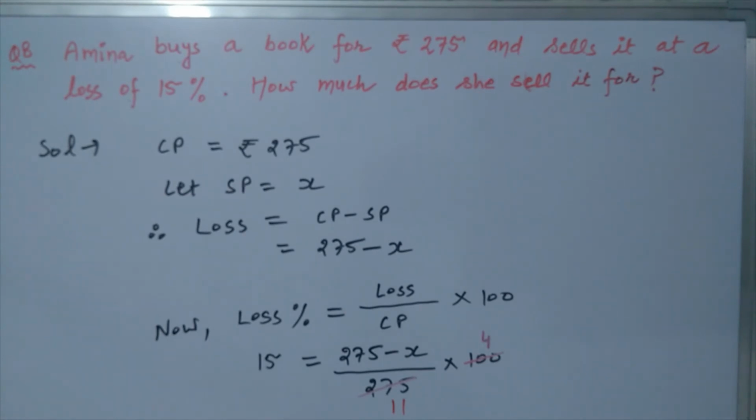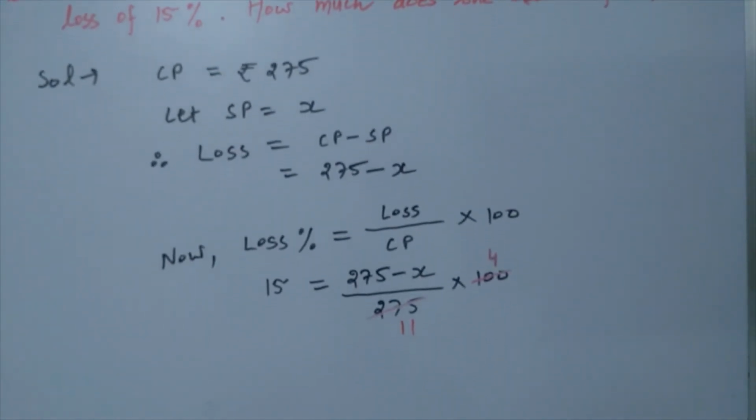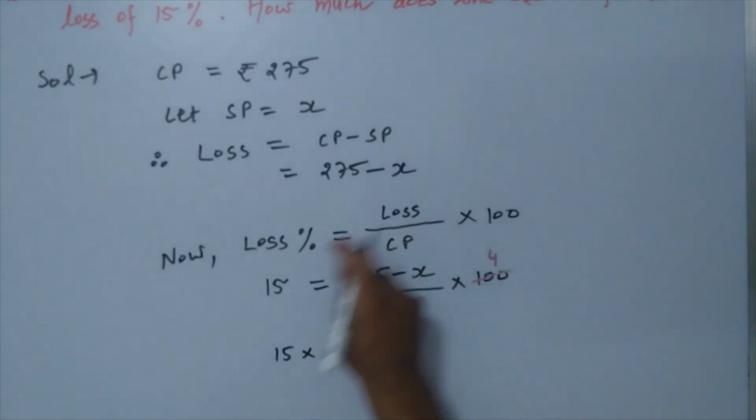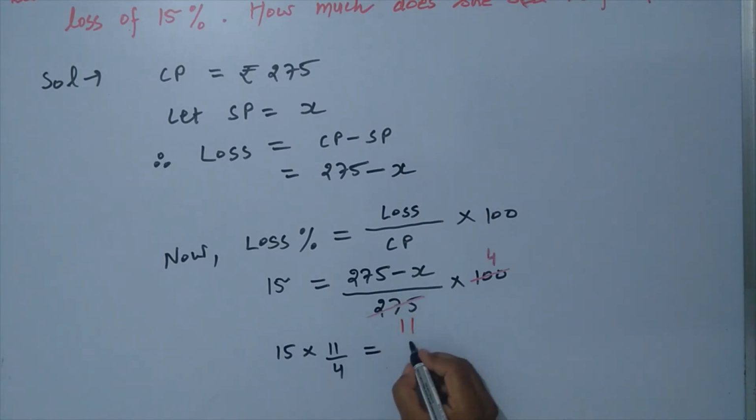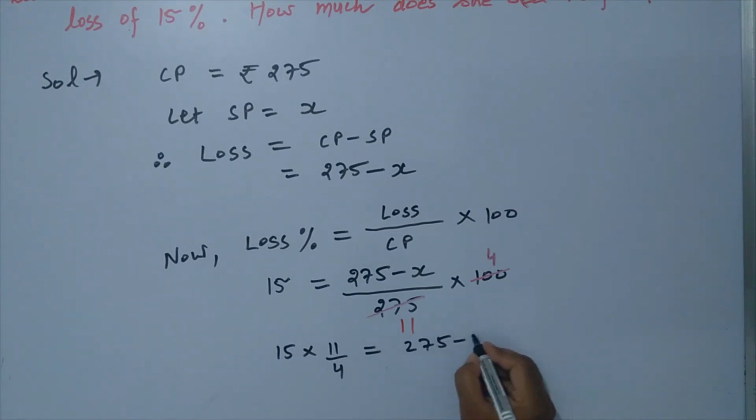So this way we have now 15 into, this will go here, 11 upon 4 equal to 275 minus X. Right?